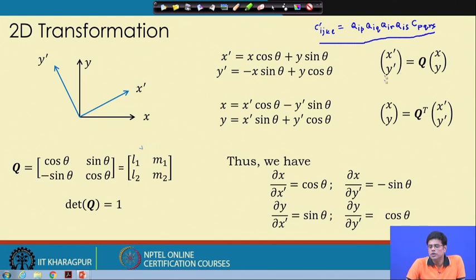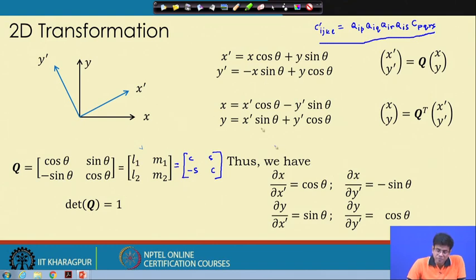So Q is cos theta, sin theta, minus sin theta, cos theta, and this is sometimes represented as L1, M1, L2, M2. There are various representations. In books and literature you will also see it written with C and S, as C, S, minus S, C. Here we are denoting L1, M1, L2, M2.